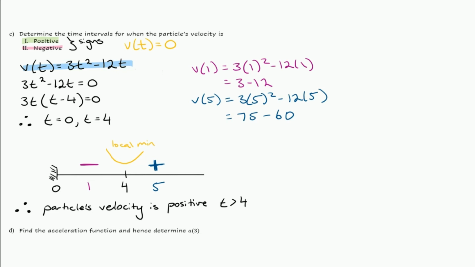And I can say that my particle's velocity is negative when my t is in between 0 and 4.